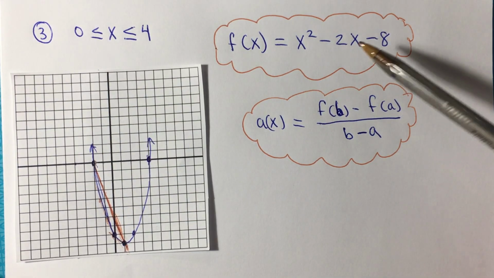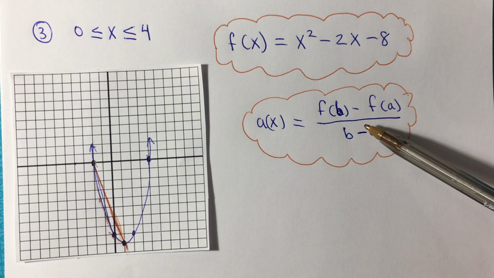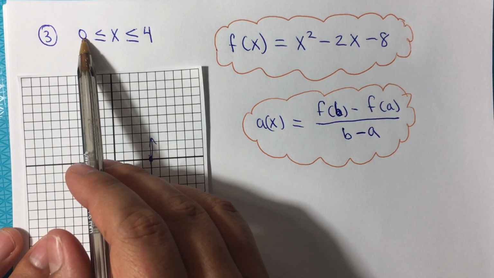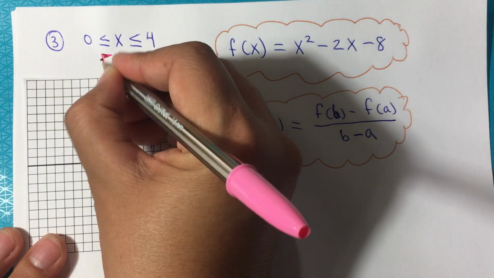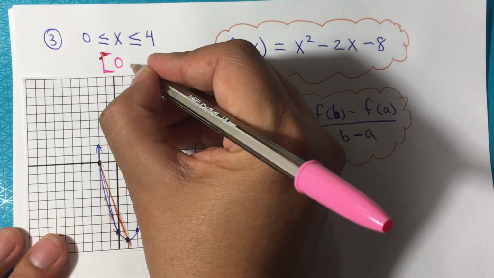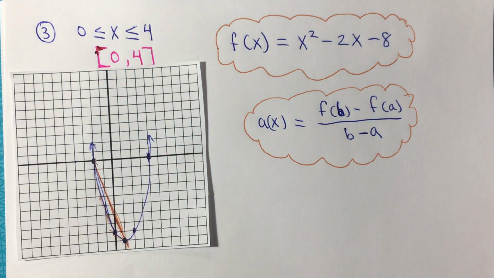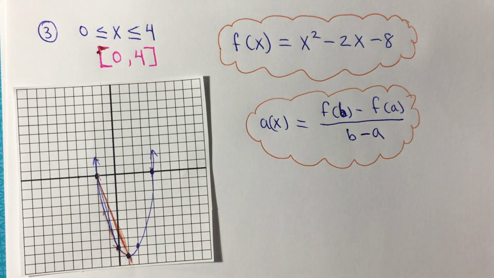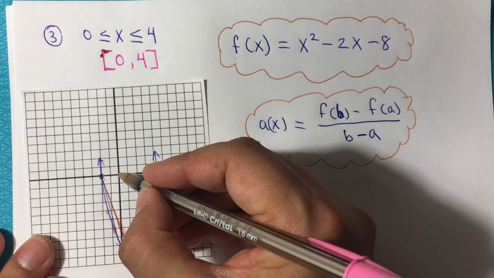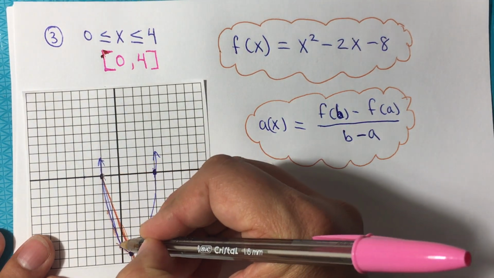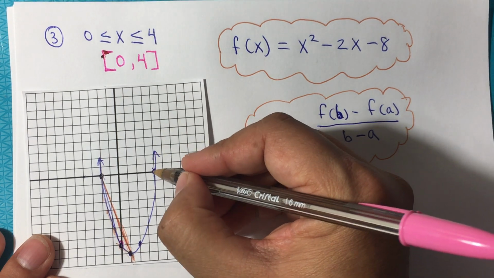Okay, for number 3, I already wrote the function and the average rate of change formula. The interval is between 0 and 4. Again, remember that it can be written as between 0 and 4. We are talking about the values of x. And so 0 and 4 refers to this 0, meaning this point, and 4 will be this point.